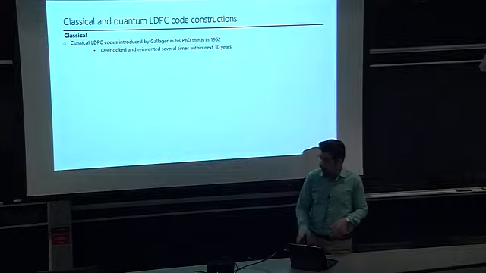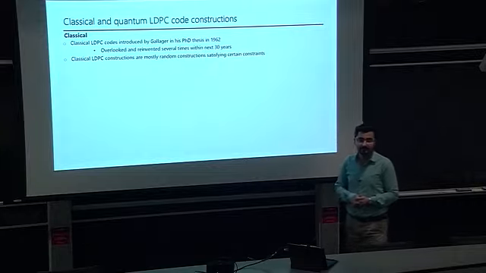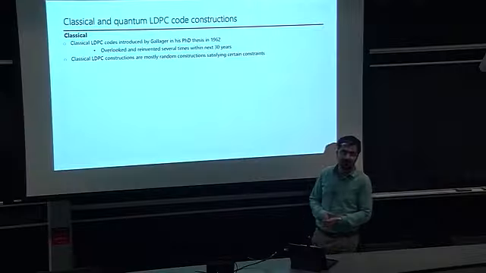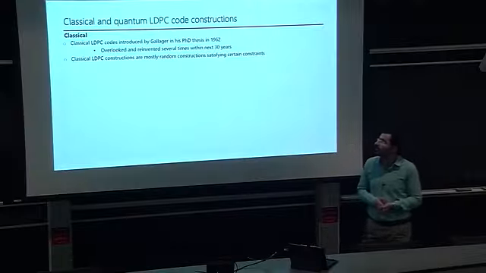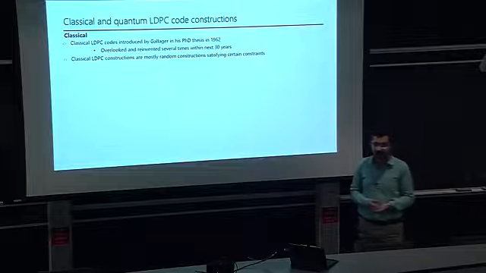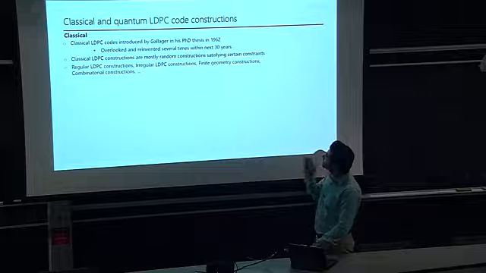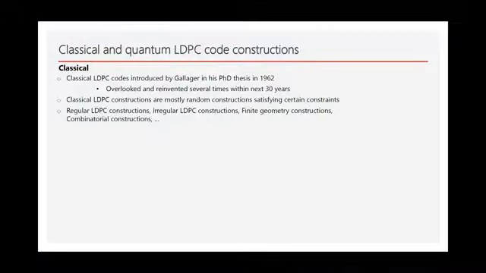There have been a lot of constructions with different properties, and most of them are based on random constructions. I won't be able to talk about the details of that.